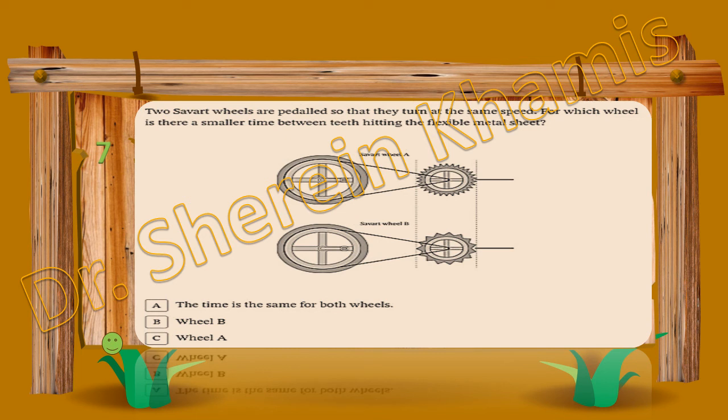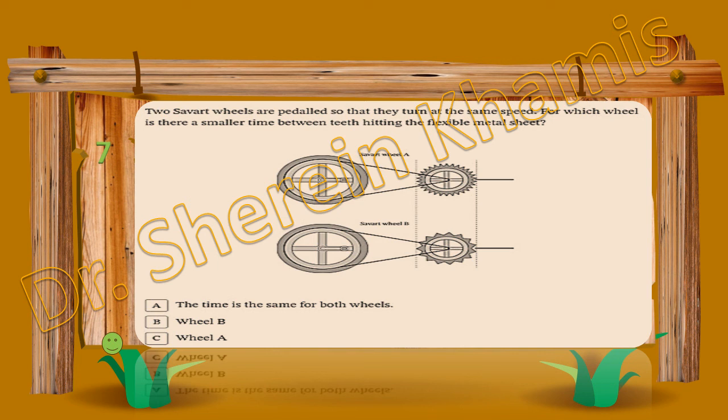Why? As it makes faster rotation, as it has a greater number of gear teeth. As we said, when time decreases, the frequency increases. Here we have a direct relation with the number of gear teeth at wheel A. So the number of gear teeth increases and time decreases, so we get high frequency.